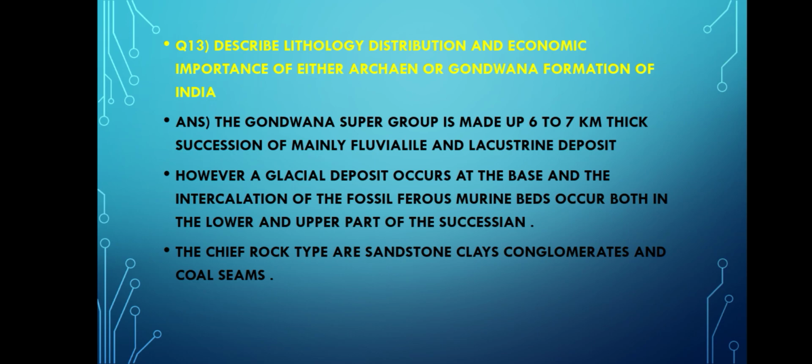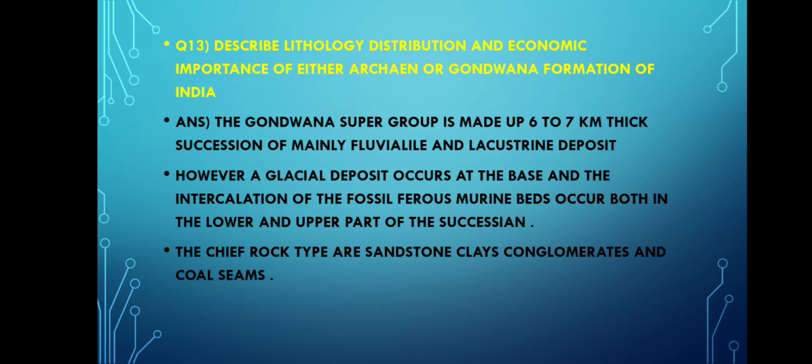Question number 13. Describe lithology, distribution and economic importance of either Archean or Gondwana formation of India. Answer. The Gondwana supergroup is made of a 6 to 7 km thick succession of mainly fluvial and lacustrine deposits.